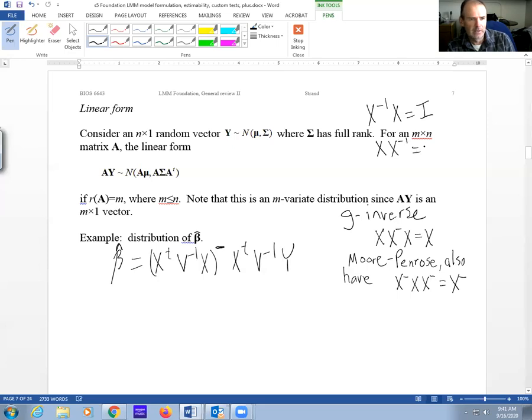This is also the identity matrix. But if we have a generalized inverse, that doesn't necessarily hold. Sorry, take away the one there. That doesn't necessarily equal I.